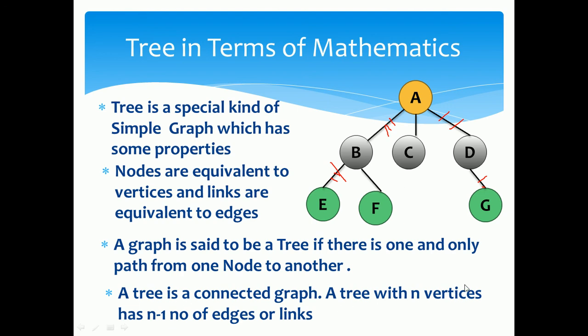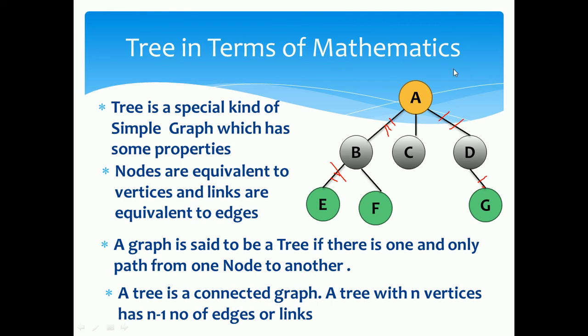A tree with n vertices has n-1 edges or links. You can see that in this tree there are 7 nodes or vertices. So you can also see that there are 7 minus 1 equals 6 edges.